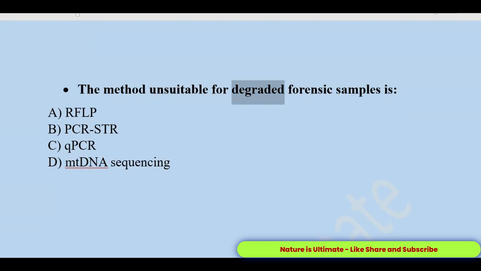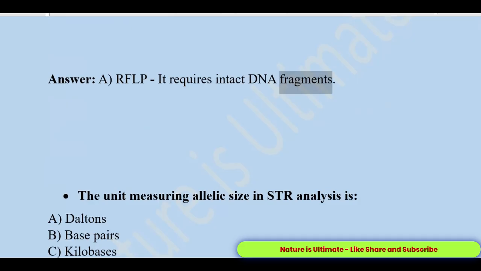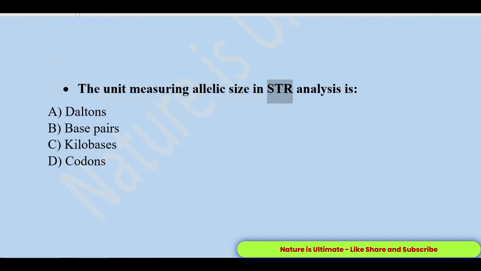The method unsuitable for degraded forensic samples is A. RFLP. B. PCR-STR. C. qPCR. D. mtDNA sequencing. Answer, A. RFLP. It requires intact DNA fragments. The unit measuring allelic size in STR analysis is A. Daltons. B. Base pairs.